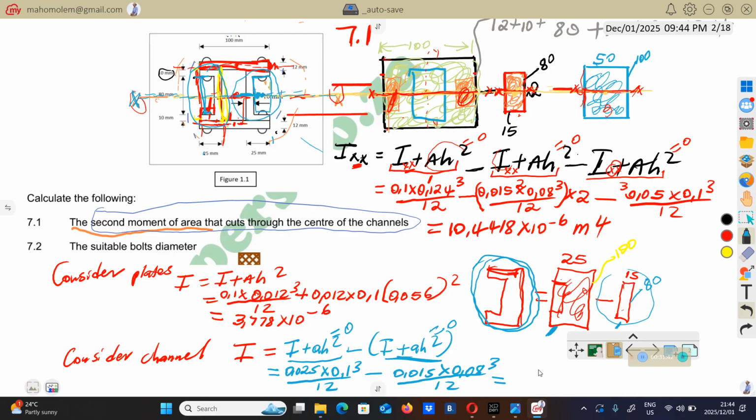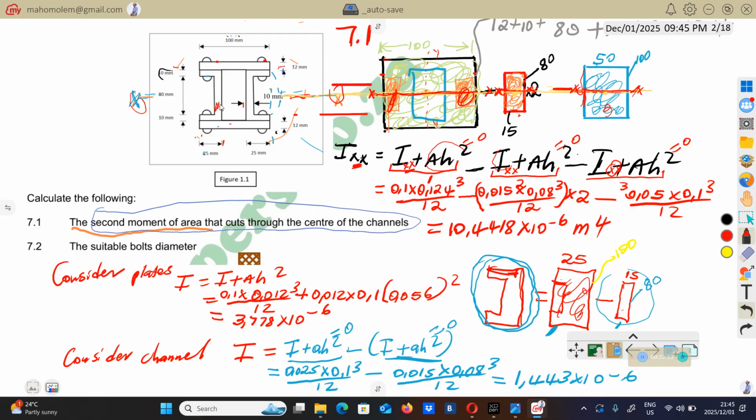Then you should get 1.443 times 10 to the power minus 6. So that will be I for the channel alone.